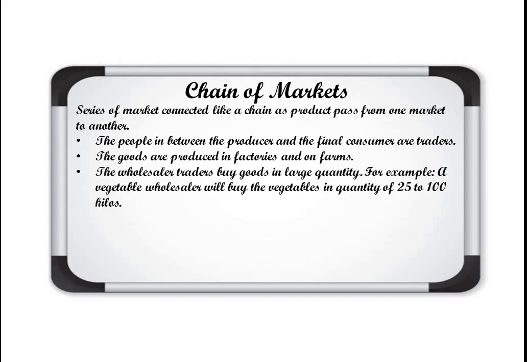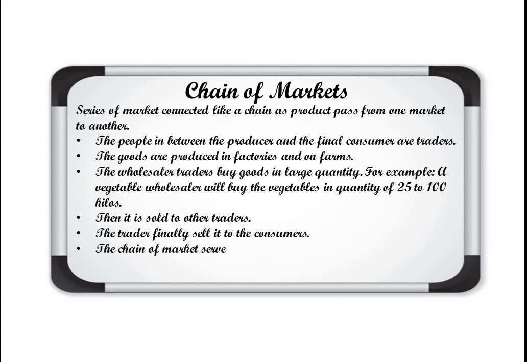So in bulk, the wholesaler buys the different items. Then it is sold to the other traders, who are known as retailers. From wholesalers, the retailers buy the things. Clear? Then the retailers, or the traders, finally sell it to the consumers who are going to use a particular item. So this is a complete chain from a producer to the final consumer.